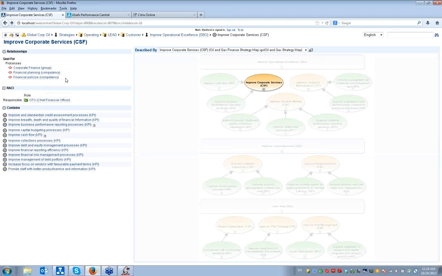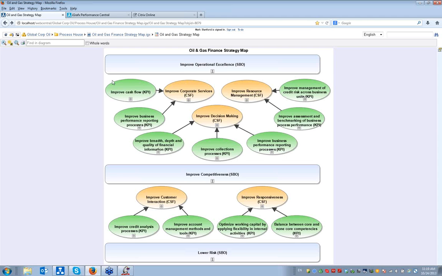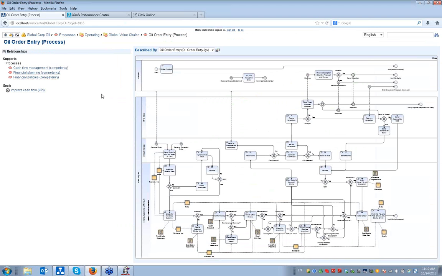I can also see the relationship to the business model and the competencies within the business model. I'll return to this later in this presentation. And from the perspective of the key performance indicators, in addition to competency relationships, I can see the relationships to the process models who must achieve the key performance indicators in our strategy map.